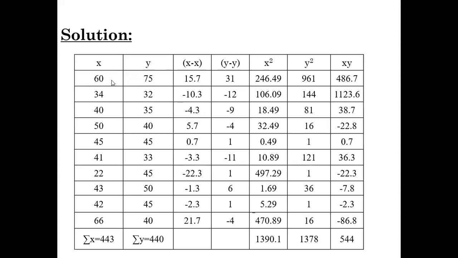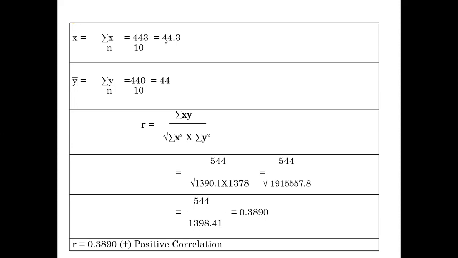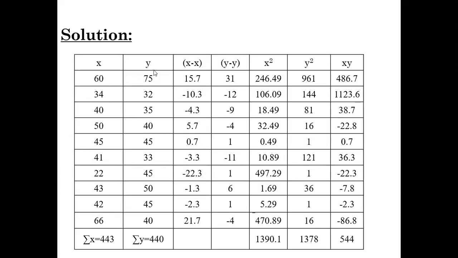So this is the X value, and this is X mean, 44.3. Now we subtract the mean from all the X values, starting from 60, and you will get the values of the X column.